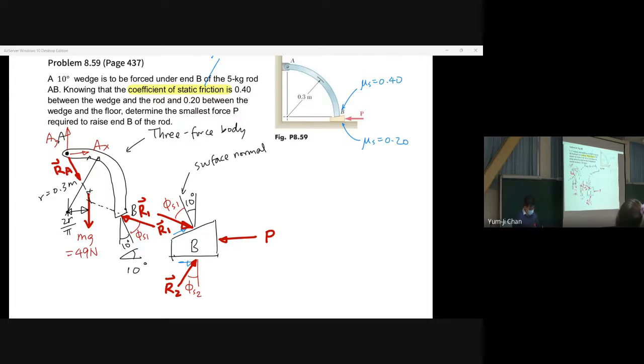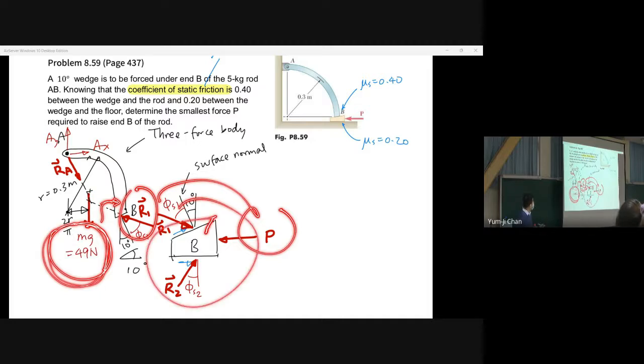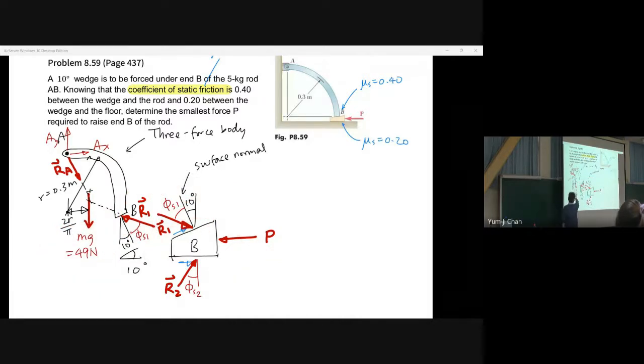Because we know the known quantity, 49 newtons, is here, we first determine R1 from 49 newtons, and after we know R1, we determine P from this free body diagram. I'll work on the first step. For the first step, what should we do? For example, we can say summation of MA equal to 0.